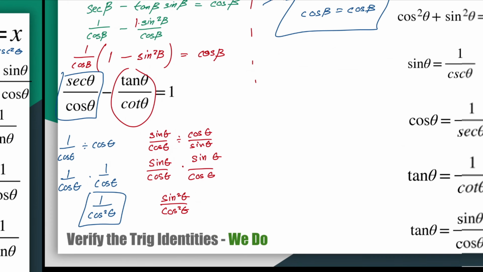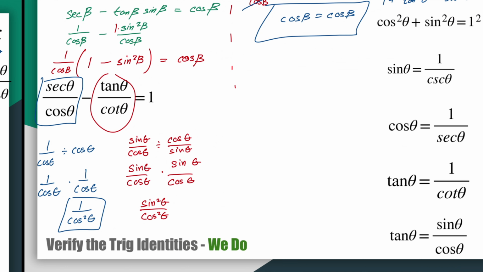All right, so let's rewrite what we actually have now. We're going to have 1 over cosine squared theta subtracted by sine squared theta over cosine squared theta is equal to 1. Now we have a cosine squared theta on the bottom in both of these, so let's see what happens when we take that out, right?